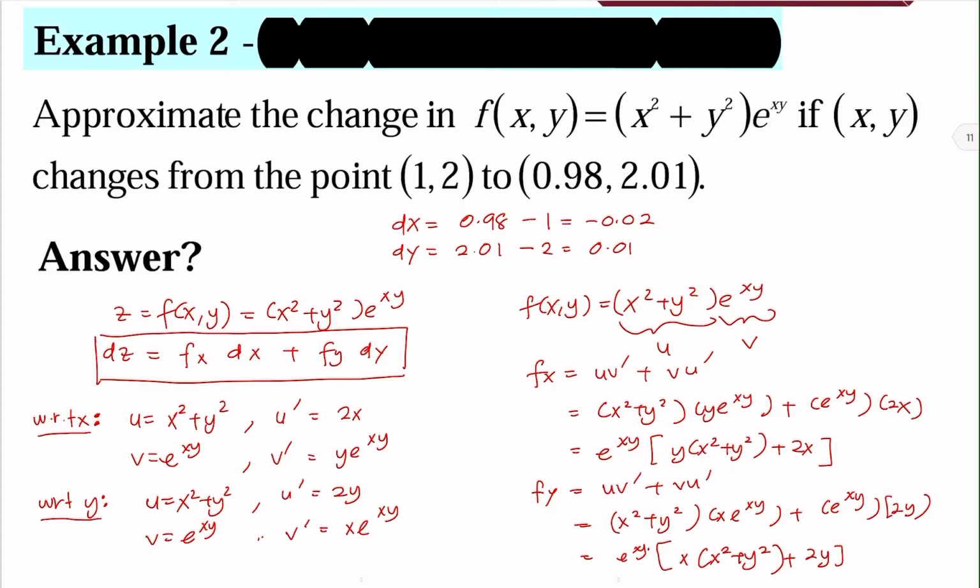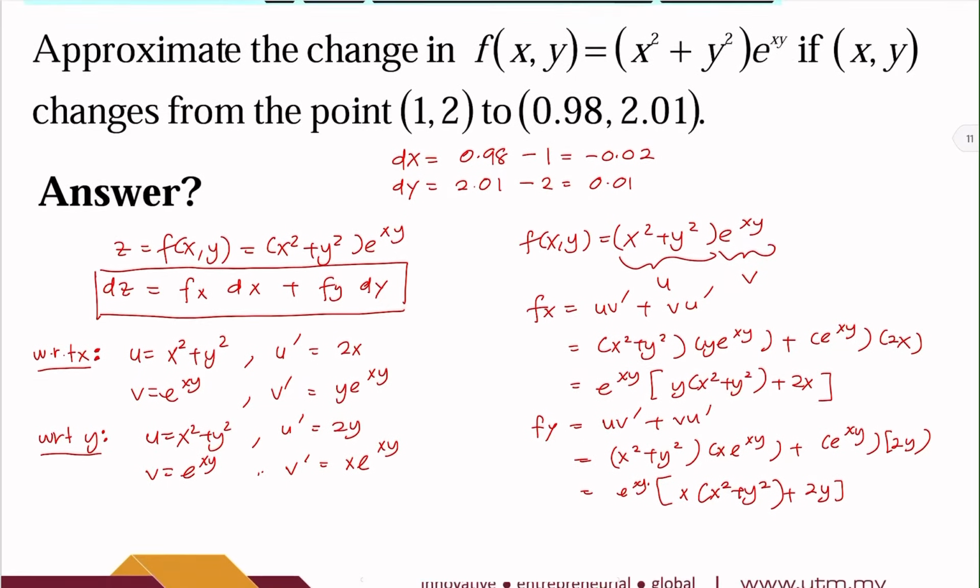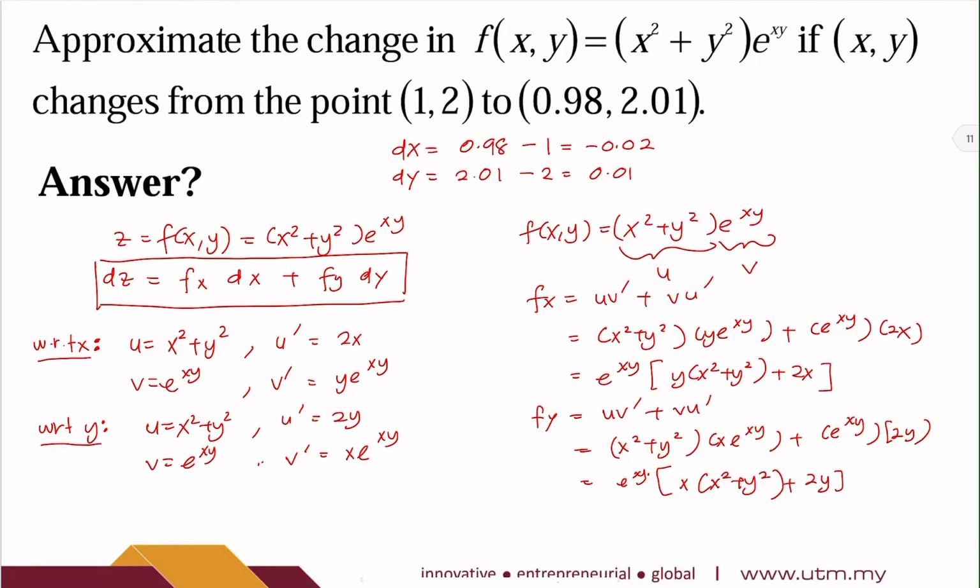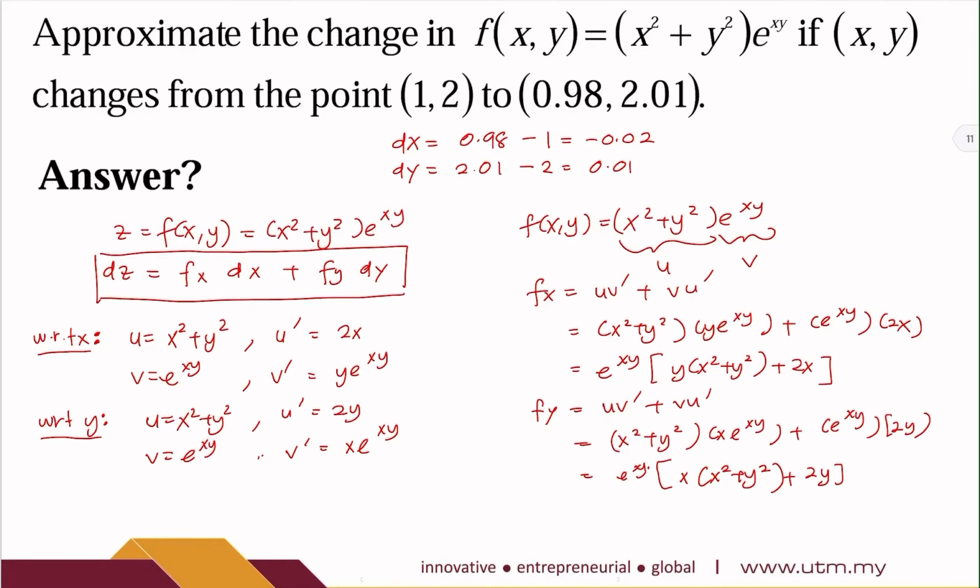So now we already have f_x, we already have f_y. Now we want to solve it. So we have dz is equal to f_x dx plus f_y dy, and we need to substitute in.